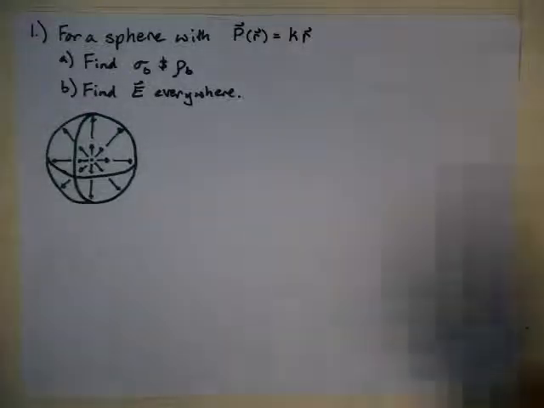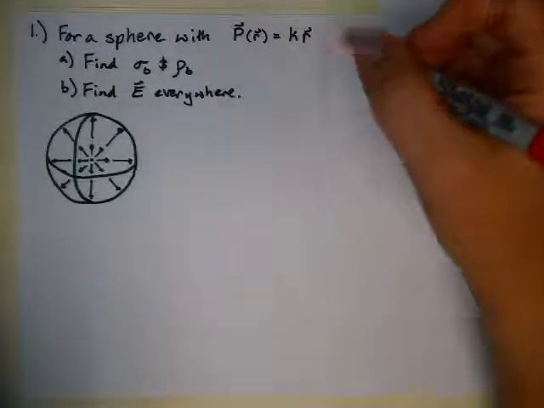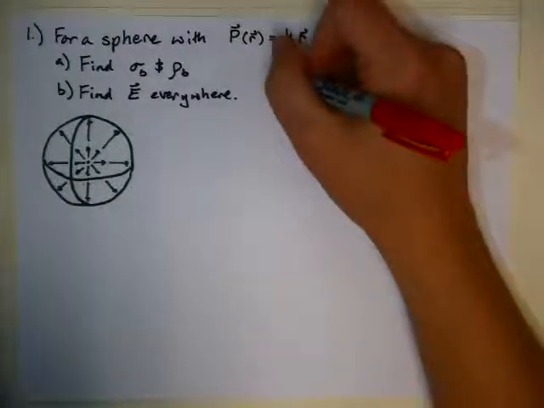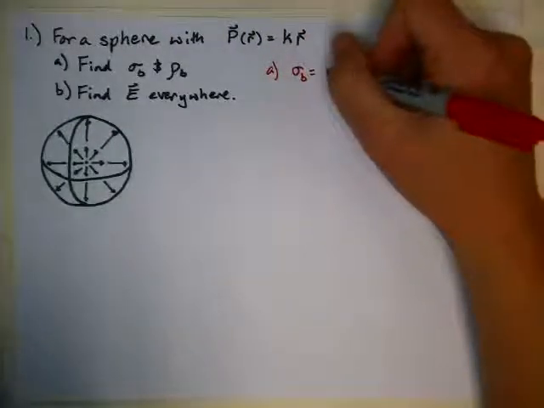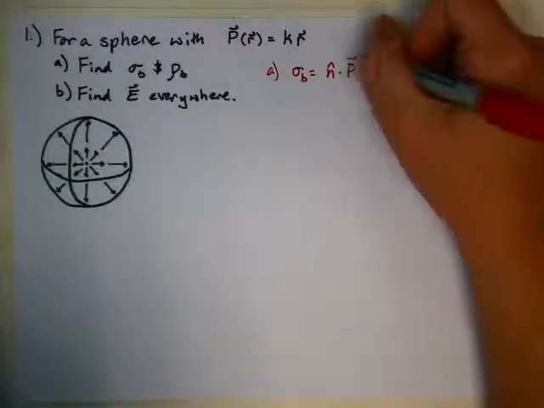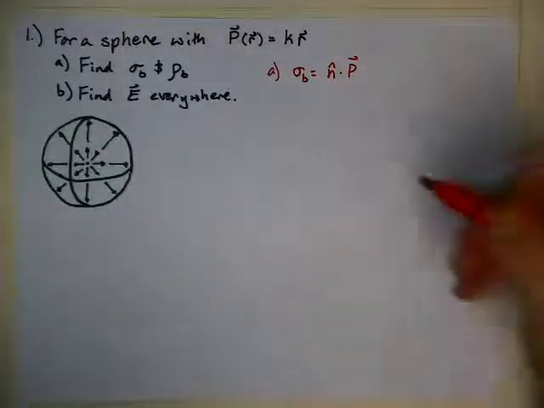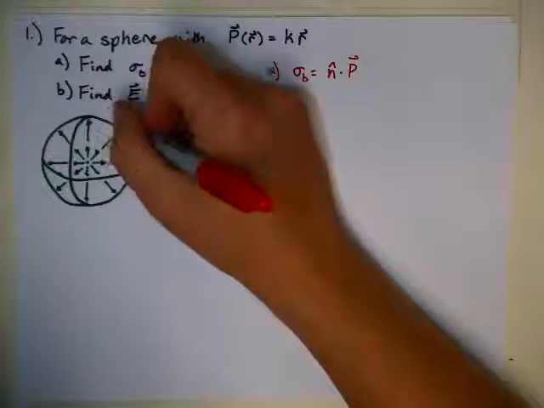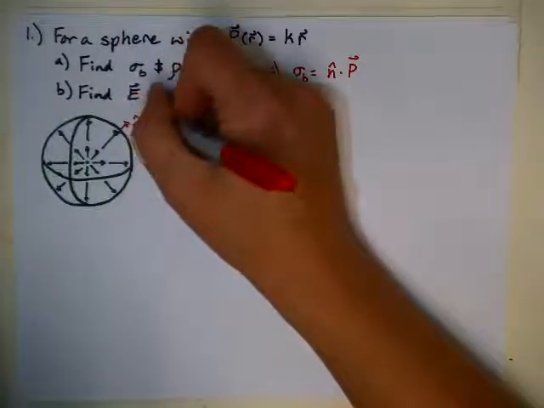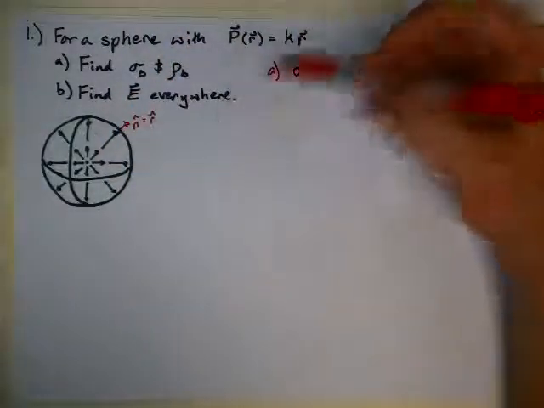So we'll start out. First, we'll find the surface charge, sigma b. Sigma b is by definition equal to n hat dot P, the polarization vector. The polarization vector is radially outward. n hat for us, in this case, is simply r hat.